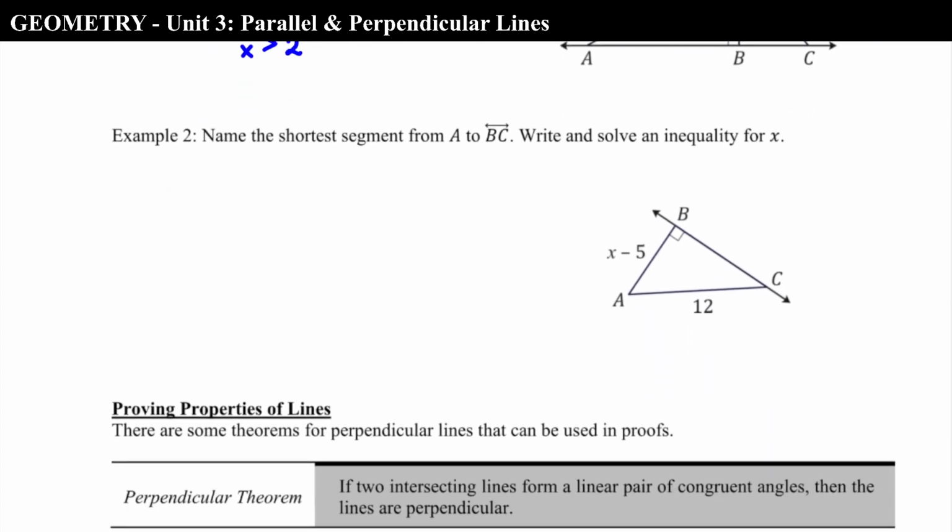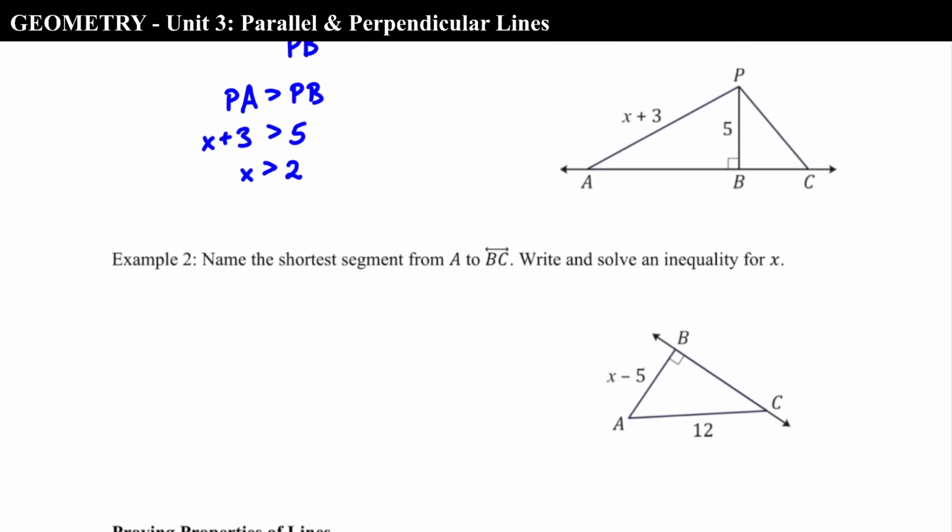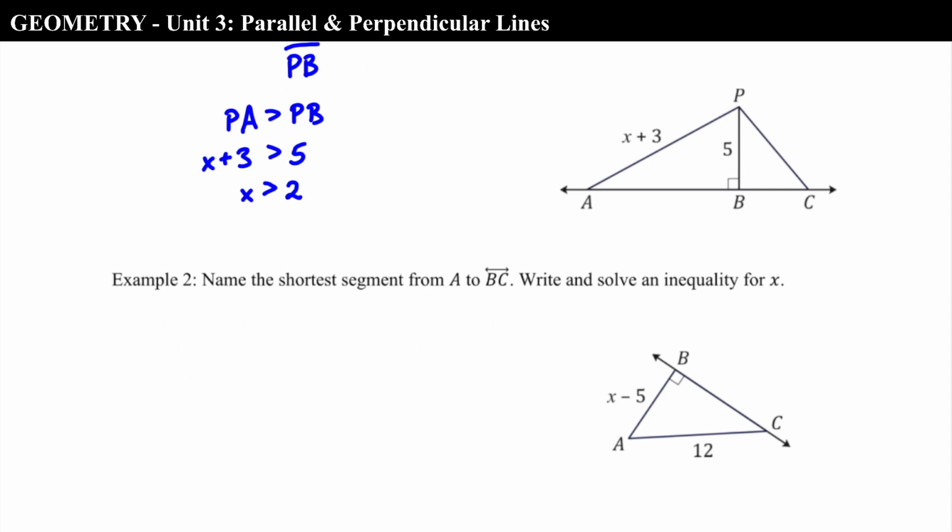For example 2, we're going to name the shortest segment from A to BC. So point A is here, BC is here, and our shortest segment is segment AB. Now, we know that AC has to be longer than AB, so the length of AC is greater than the length of AB.